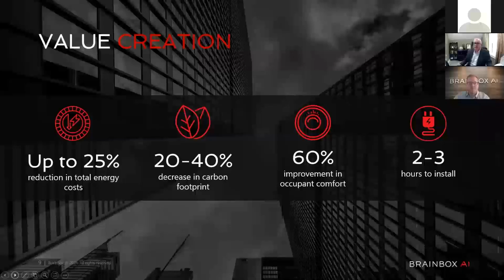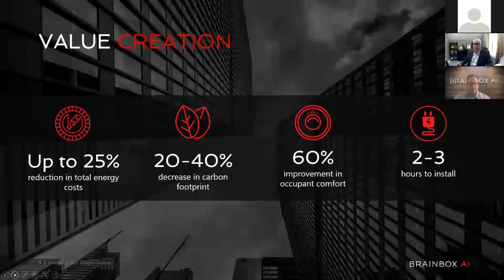Next slide, please. Blake will talk about today and get into the details of how the operation actually works. But from a results standpoint, you can see on average, you'll see up to a 25% saving in the total building energy. So not just the HVAC system, the total building energy reduction should be in the 20 to 25% range. And you're going to get a corresponding reduction of greenhouse gas emissions by 20 to 40%.